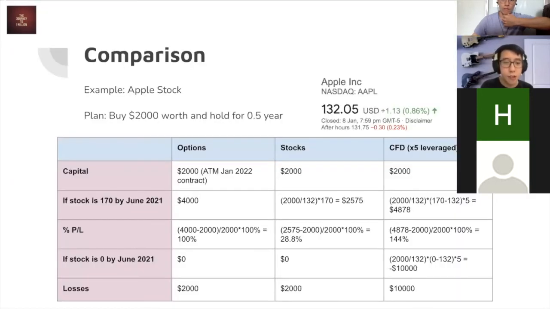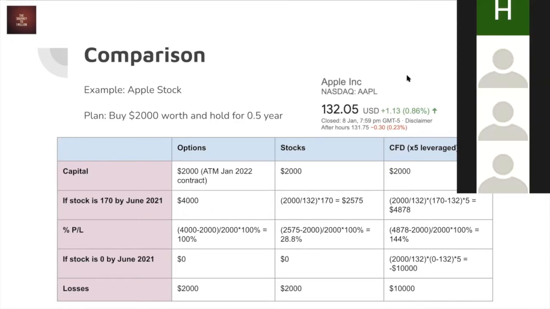That is how the intrinsic value of the option's price comes about. So let's say 132, you go up to 170. The difference is about 40, and 40 times 100 should already be more valuable than this 4,000. So I hope I answered your question.